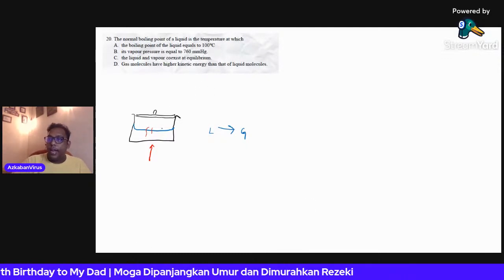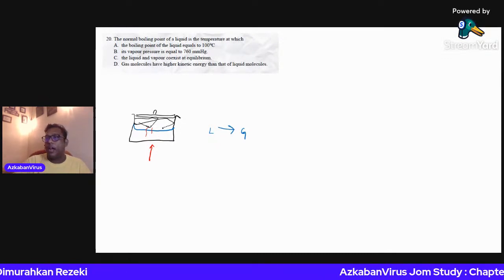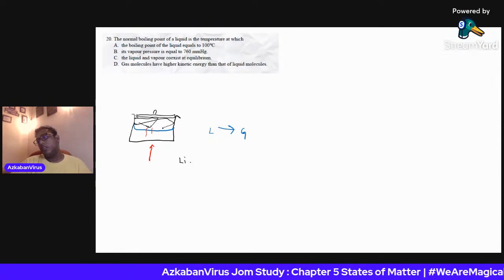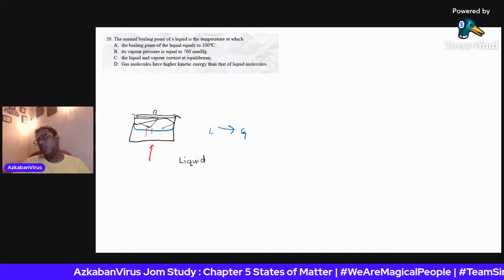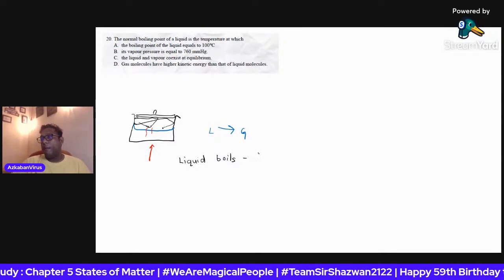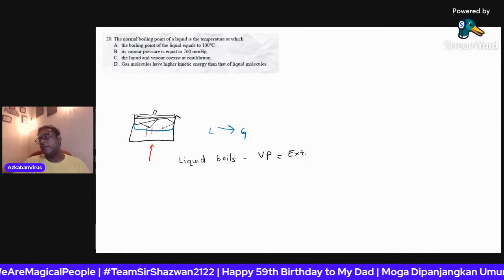Bila dia jadi gas, dalam ni akan ada vapor pressure. Okay, sebab gas tu berlanggar. Liquid tu akan dikatakan boil bila vapor pressure sama dengan external pressure.